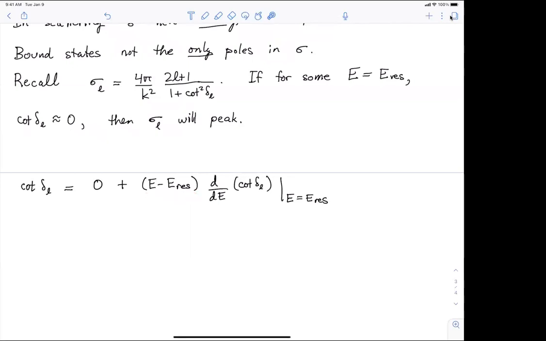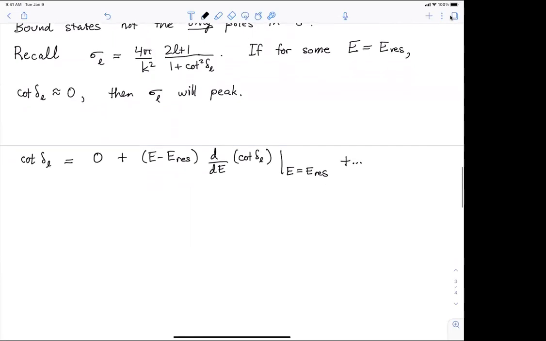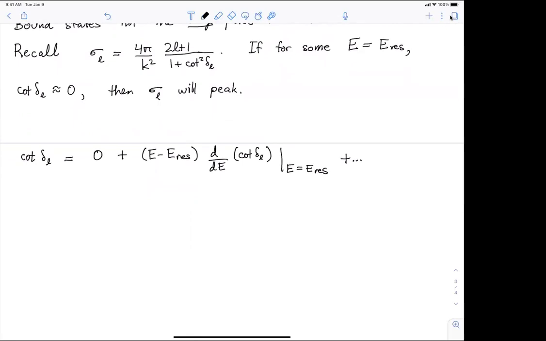And then there will be higher order terms that we're not going to worry about. What we're going to do is this right here, because we're evaluating it at the resonant energy, it's some constant, it doesn't depend on energy. And so following tradition, we're going to call that constant -2 over gamma.